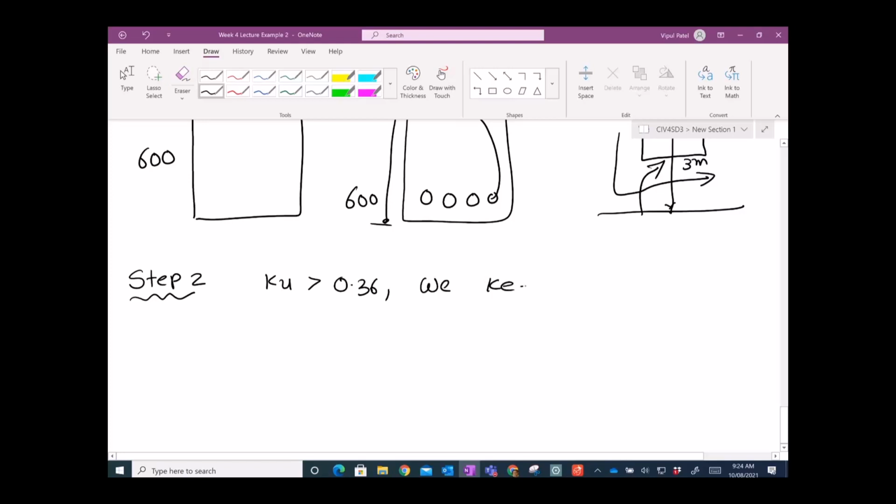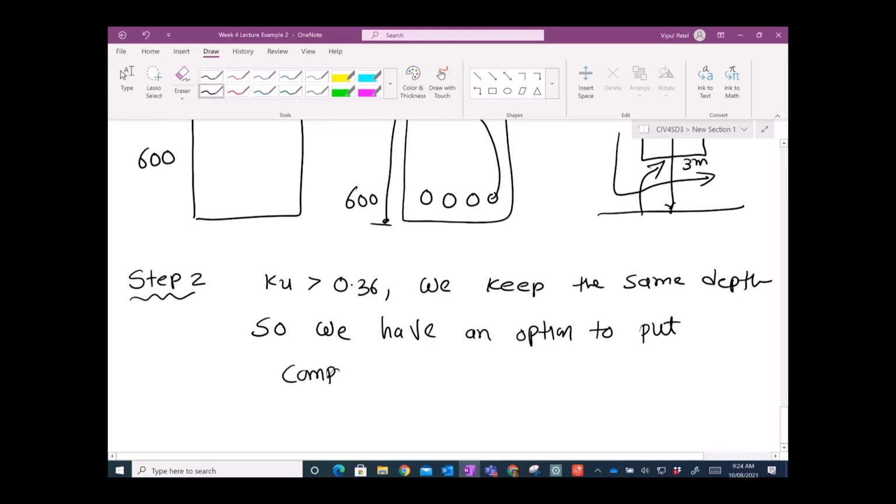We keep the same depth. So we have an option to put compression Rio.